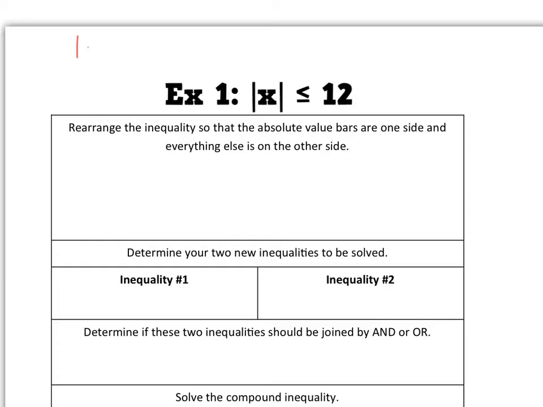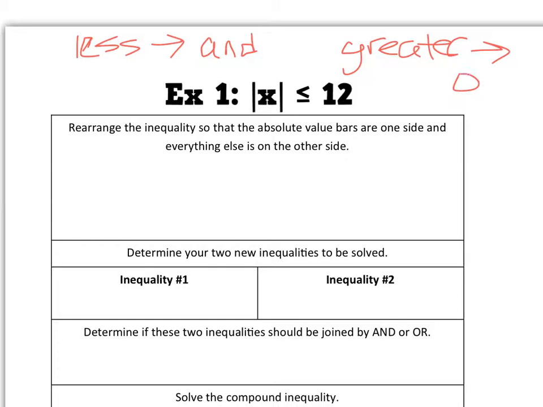Less than is going to be "and," and that goes for less than or equal to, and then greater than is going to be "or." I kind of remember "great-or than" can help you remind it. So we have a less than in this problem, so we'll keep that in mind later.